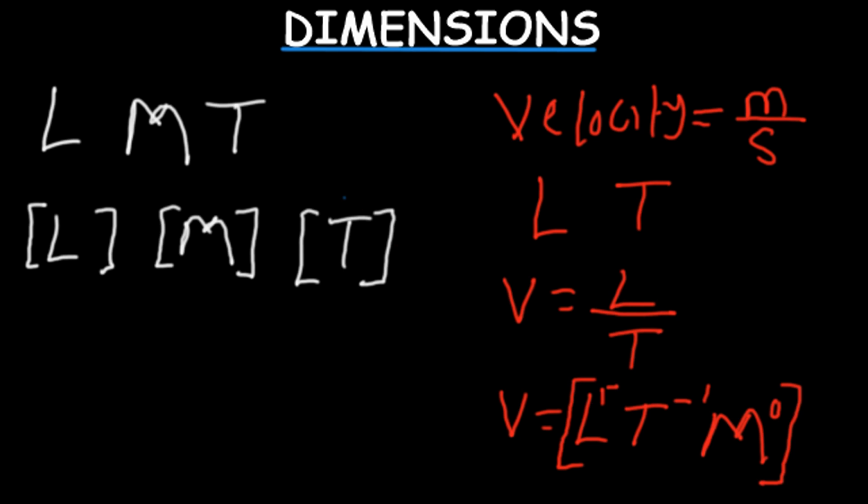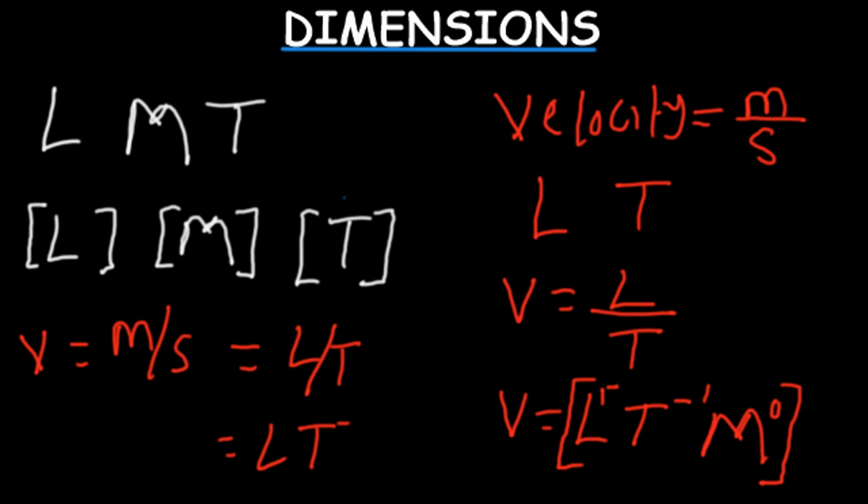Now, let's focus on the second method, using the SI unit of velocity. The SI unit of velocity is meter per second. Just as I've said, it's straightforward and easier. Just replace m with L and s with T. So therefore, it becomes L T inverse, then M^0, L^1.